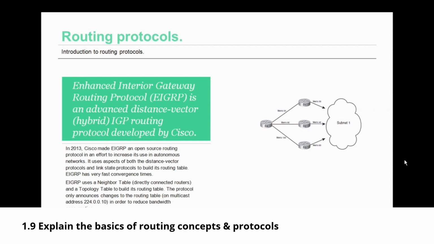EIGRP has a very fast convergence time, but it's not as popular as OSPF because OSPF has been open source longer than EIGRP. EIGRP uses a neighbor table, which is directly connected routers, and a topology table to build its routing table. The protocol only announces changes to the routing table on multicast address 224.0.0.10 in order to reduce bandwidth consumption.